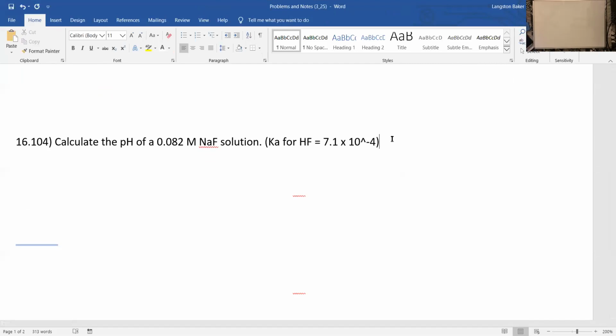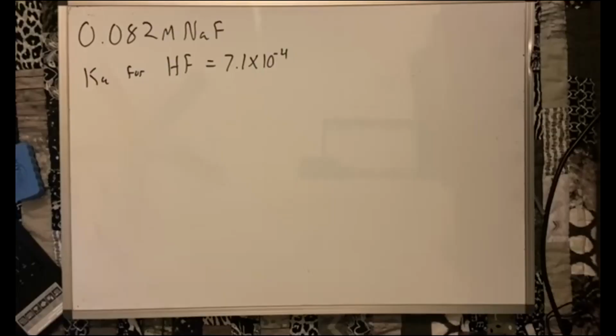Okay, write down what we need. So we have 0.2 molar NaF, and then Ka. Any thoughts on what we should do first?